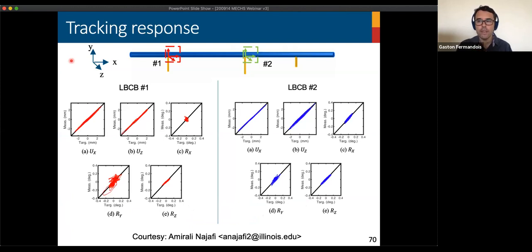And regarding the synchronization errors, both LBCVs show very good synchronization tracking of all the Cartesian coordinates, but not taking into account the vertical motion.